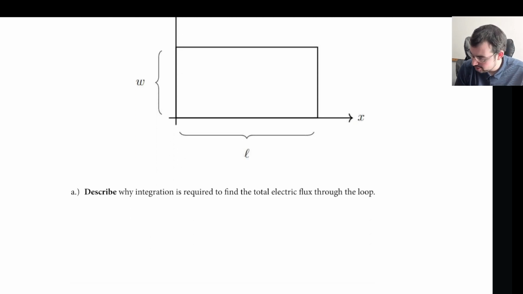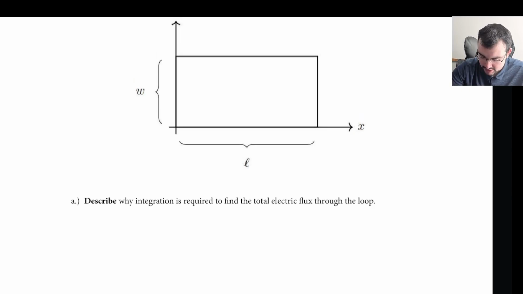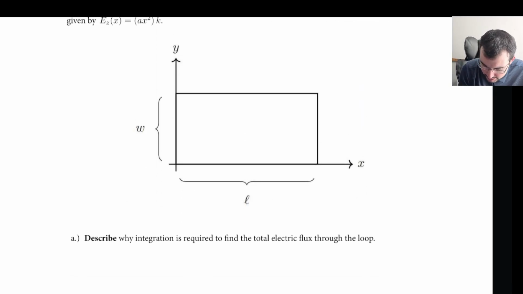So if we think about what this field is doing, we do know it's entirely perpendicular to this loop. So we have a small amount of field over here. We'd have a larger field over here. We'd have an even larger field over here. And an even larger field over here.